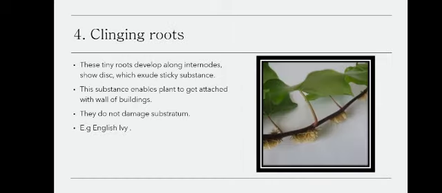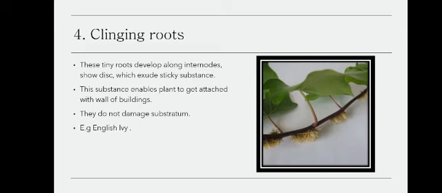Fourth, clinging roots. These tiny roots develop along internodes and show discs which exude a sticky substance. This substance enables the plant to get attached to the walls of buildings. They do not damage the substratum. Example, English ivy. In that plant, roots develop along internodes, with discs which exude a sticky substance.